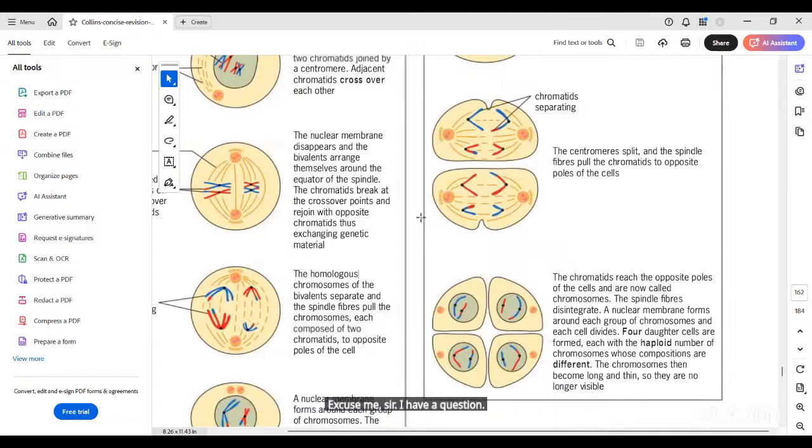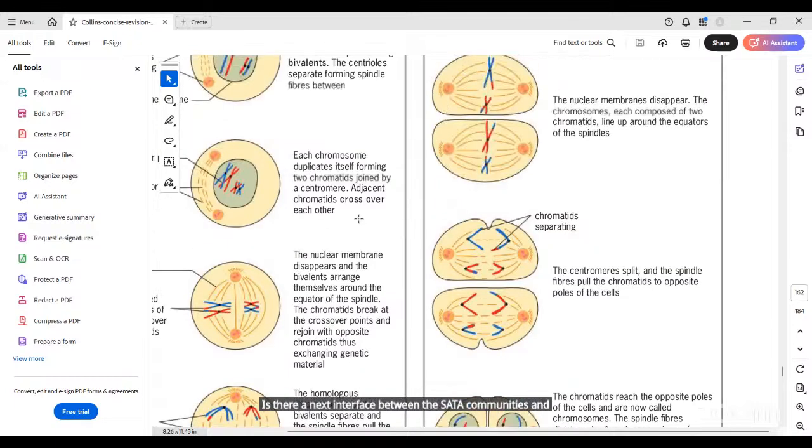Excuse me, sir, I have a question. Go ahead. So directly after the first cytokinesis, right after telophase 1, is there a next interphase between the cytokinesis and phase 2?